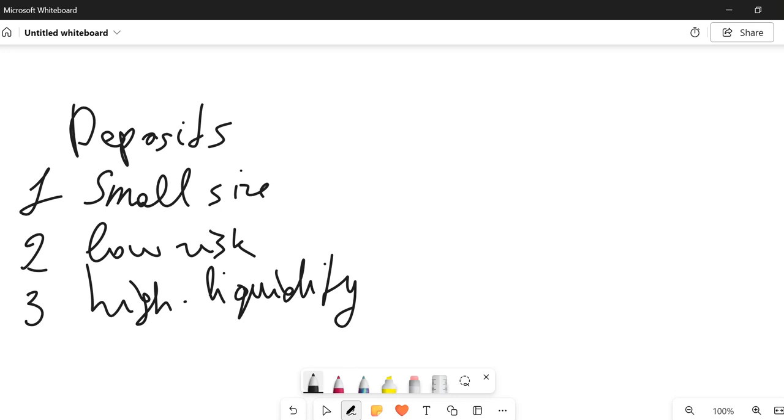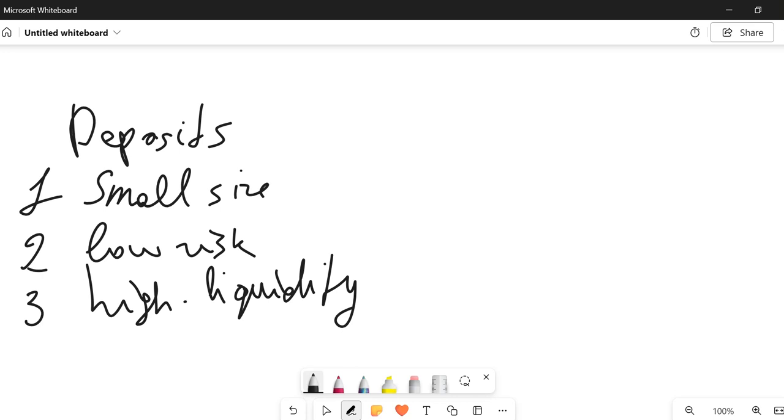But borrowers borrow the larger money, and the risk is higher, so they may not be able to pay the money back, most probably, maybe.